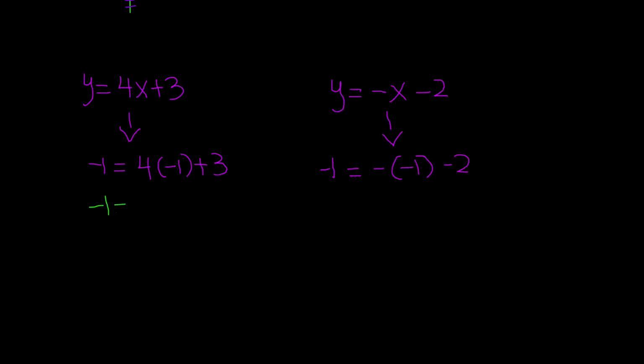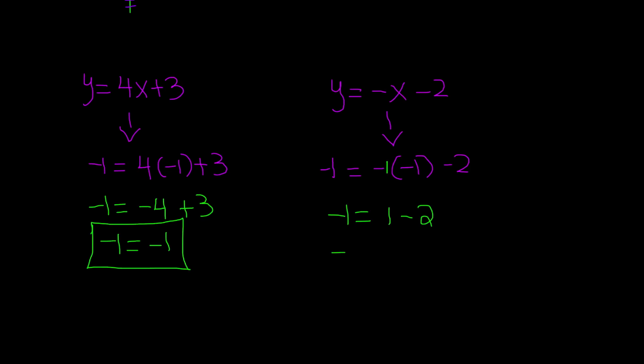So we'll get -1 is equal to -4 plus 3, and we get -1 is equal to -1, and we see that the first equation is true. Here we have -1 is equal to negative times -1, which becomes +1, minus 2, so -1 is equal to 1 minus 2, which is -1, and this is also true.